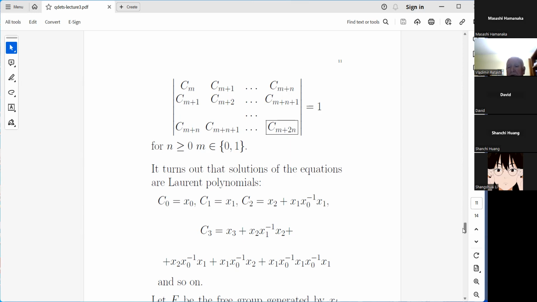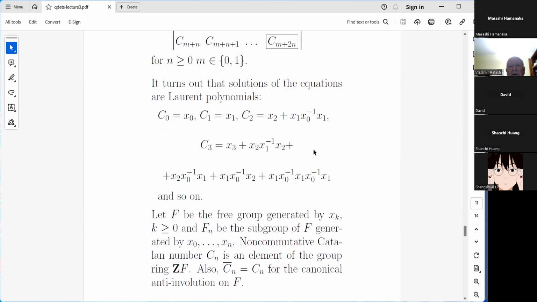And C3 contains 5 terms, which are x3 plus x2 x1 x0^{-1} x2, x2 x0^{-1} x1, x1 x0^{-1} x2, and this one. I could write you C4, but it will contain 14 terms.